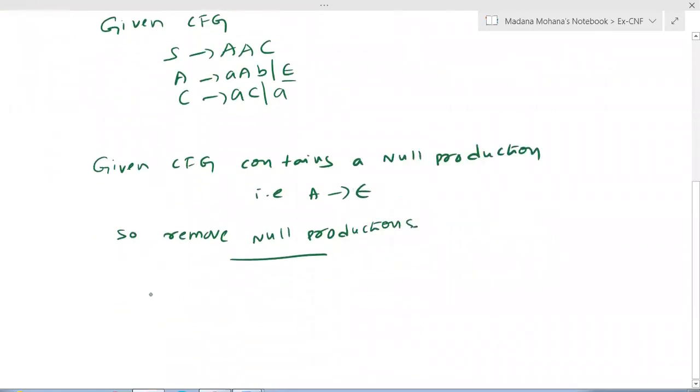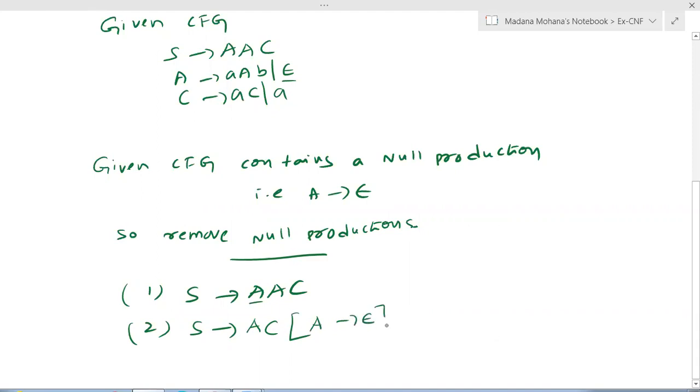So now, first let us take the S productions. S derives AAC. The original production you can take as it is. Then for the second one, two variables are there in the right hand side of S. So one at a time you can substitute a null value. Suppose the leftmost A is replaced with null, then the remaining symbols are AC. Here what we substituted is A derives null.